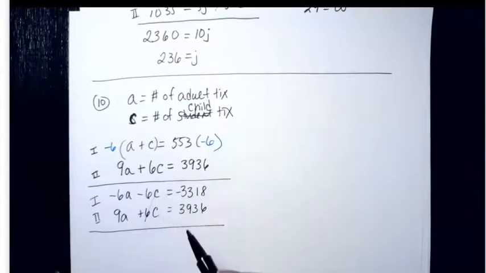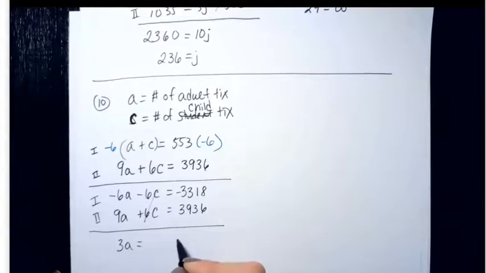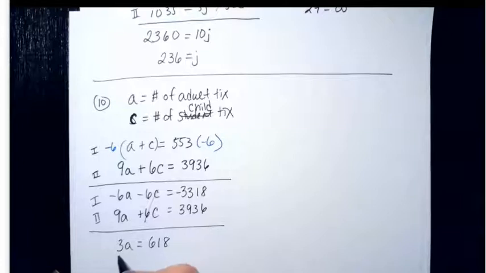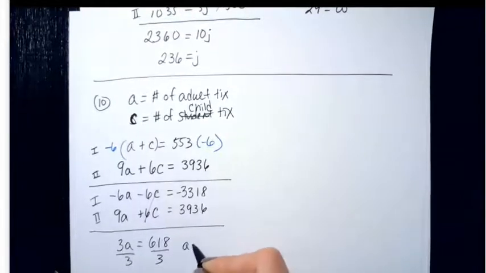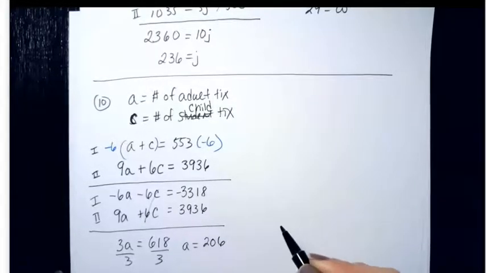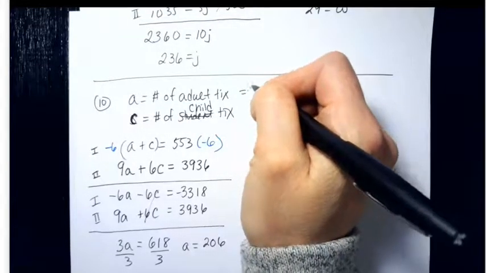The C's are eliminated. I have 3A equals 618, so I'll divide by 3, and A is equal to 206. So I sold 206 adult tickets.